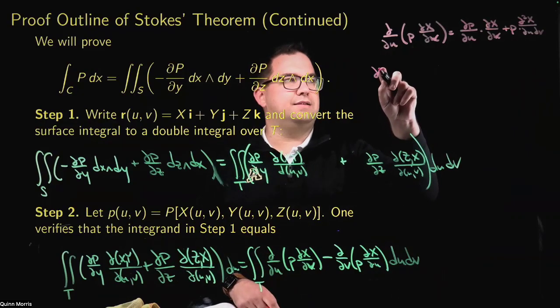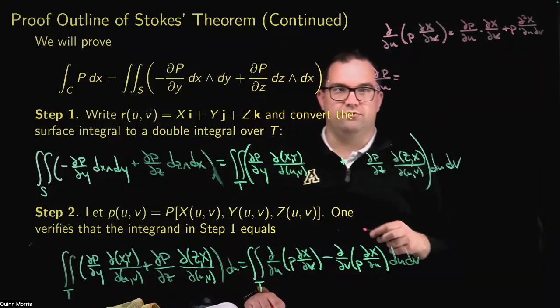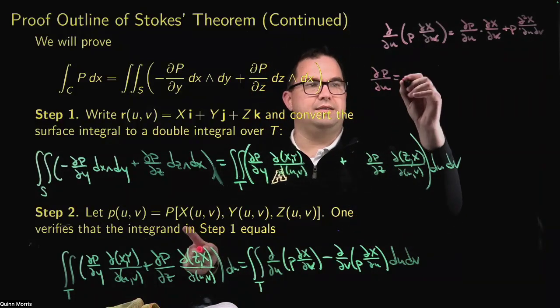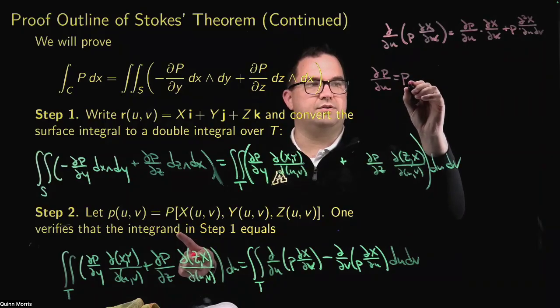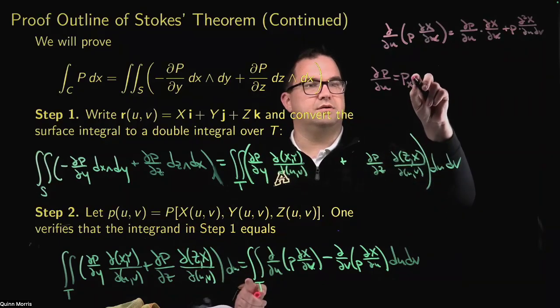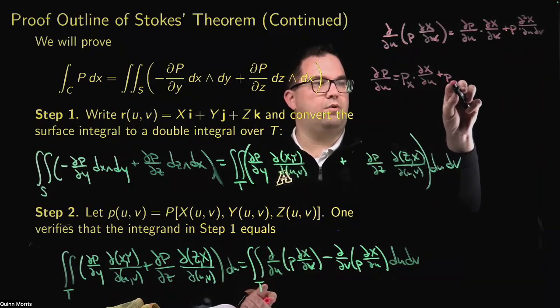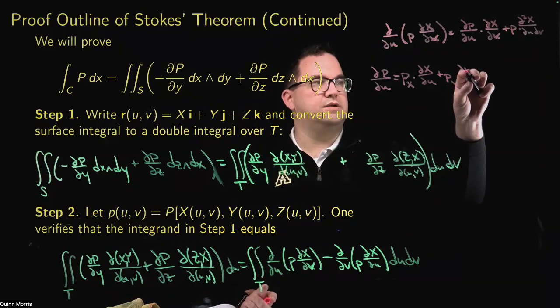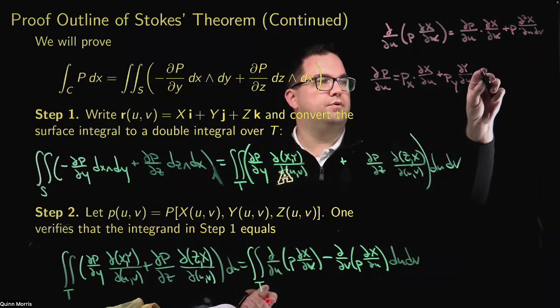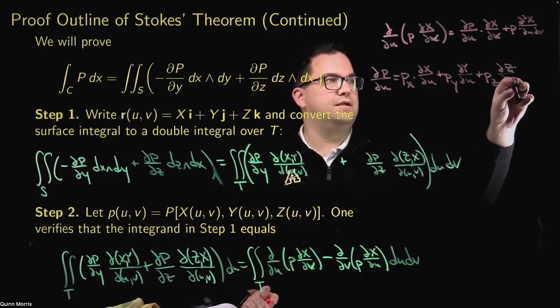To calculate dp/du, I would apply the chain rule, and I need to take the derivative of p with respect to the first variable. I'll call that dp/dx times dx/du, plus dp/dy times dy/du, plus the derivative of p with respect to z times dz/du.